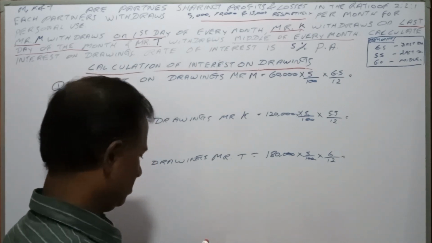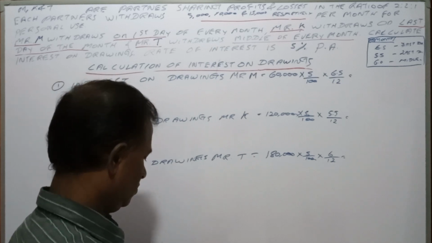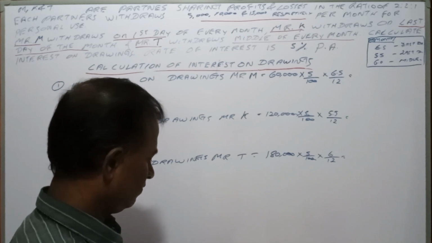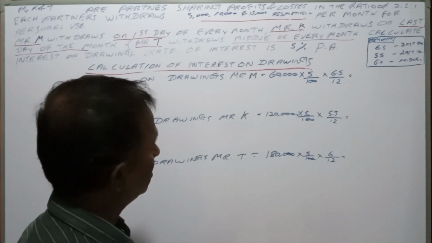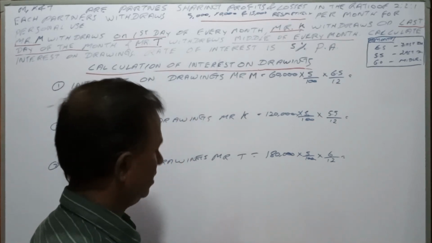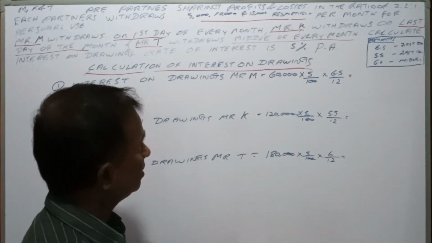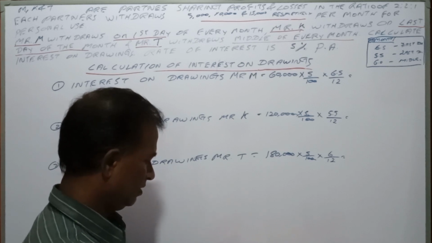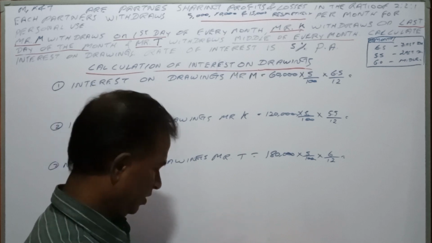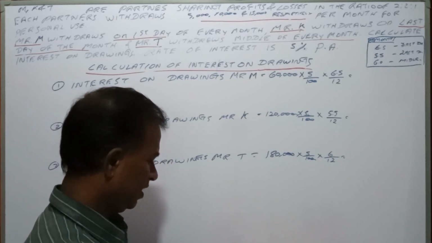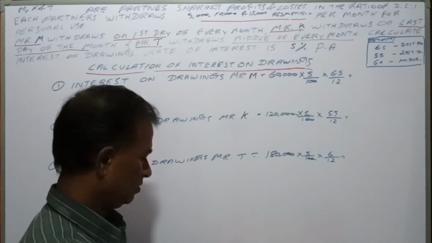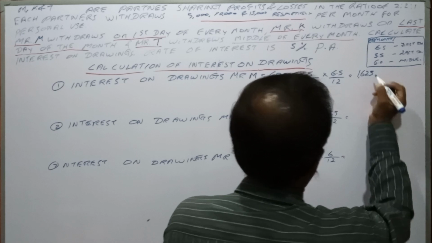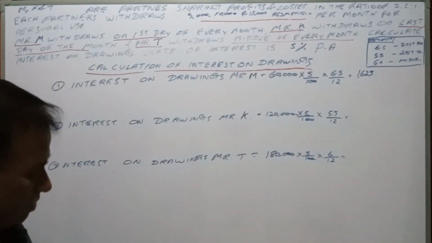Here 600 into 5, into 6.5, divided by 12. That is 1,625, the interest is 1,625.